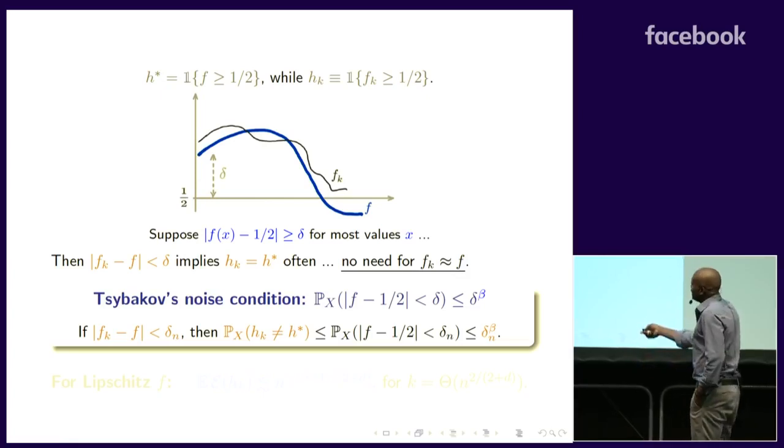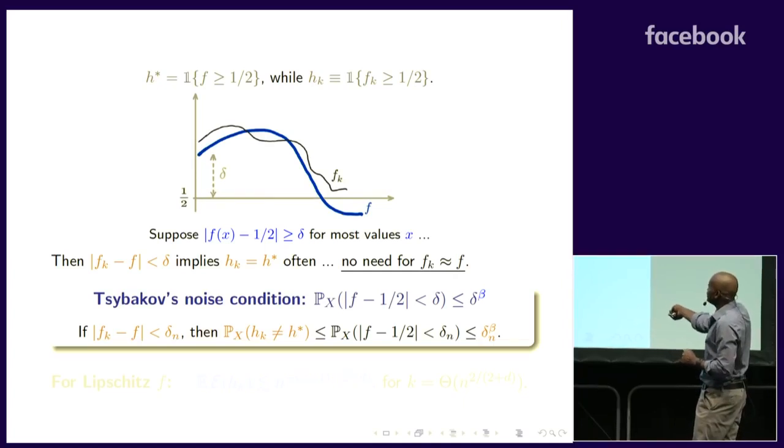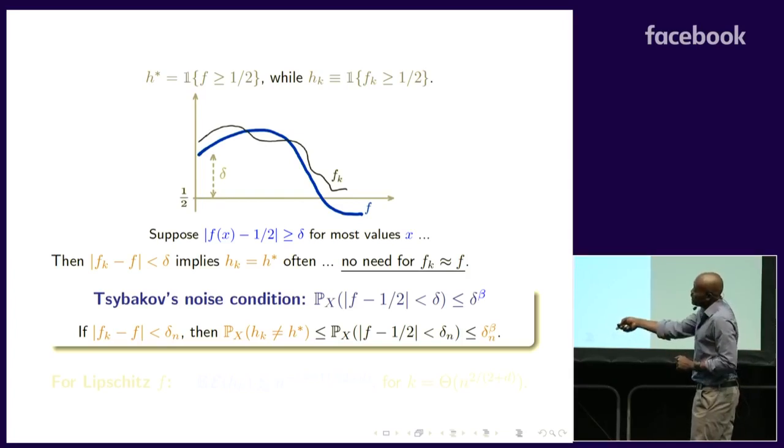So the likelihood of error is really bounded by the likelihood of there being no margin. And you automatically then get that the likelihood of error is bounded by delta n to the beta, by just plugging that back into here. And if delta n happened to be the error that we had earlier for regression, then that tells us that the error for classification is boosted down by beta.